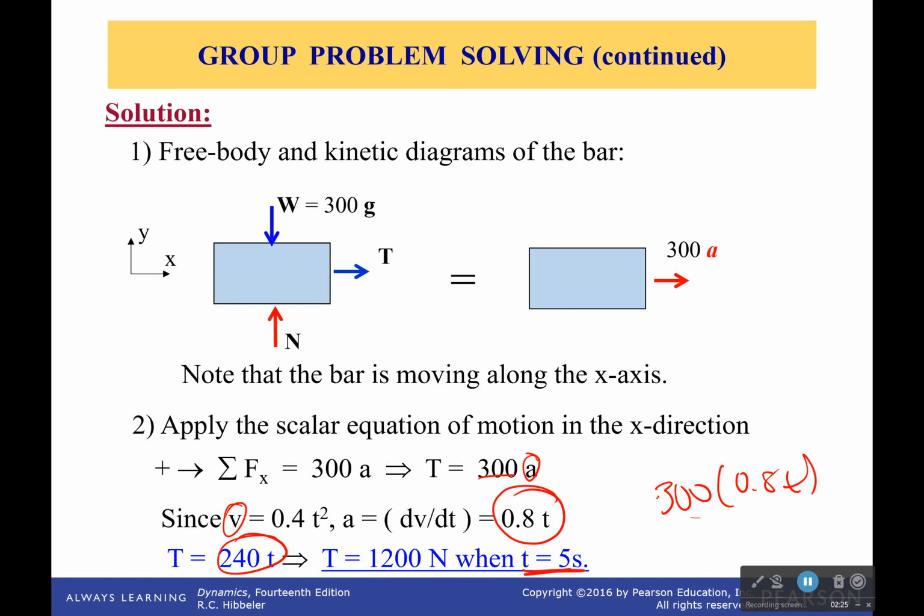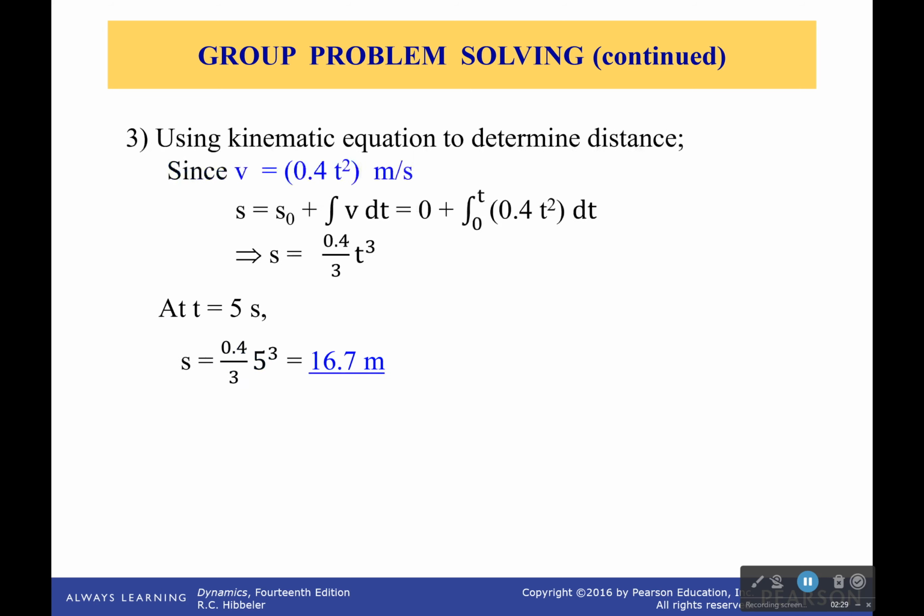Okay, so we have an acceleration now. We have an equation for it. We also have a time. So I think we can go ahead and start pulling out our kinematics. So let's look at this right here. Now we know our velocity is 0.4 t squared. We want to know how far it has gone.